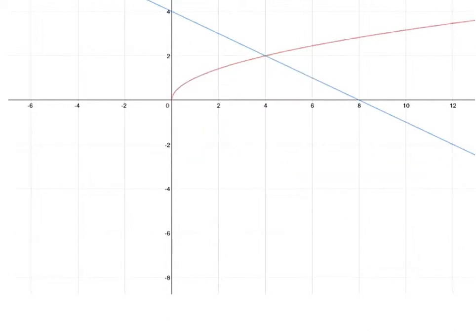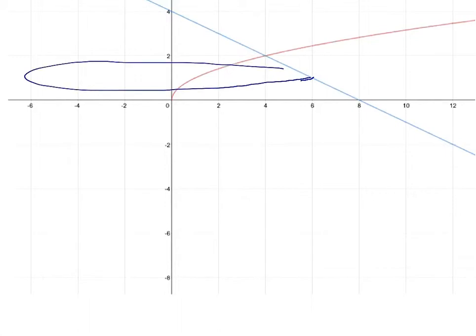Now if we're going to rotate around the y-axis, we're going to end up with, in this case, a washer, and the outer radius of the washer is going to be defined by the blue function, and the inner radius of the washer is defined by the red function.